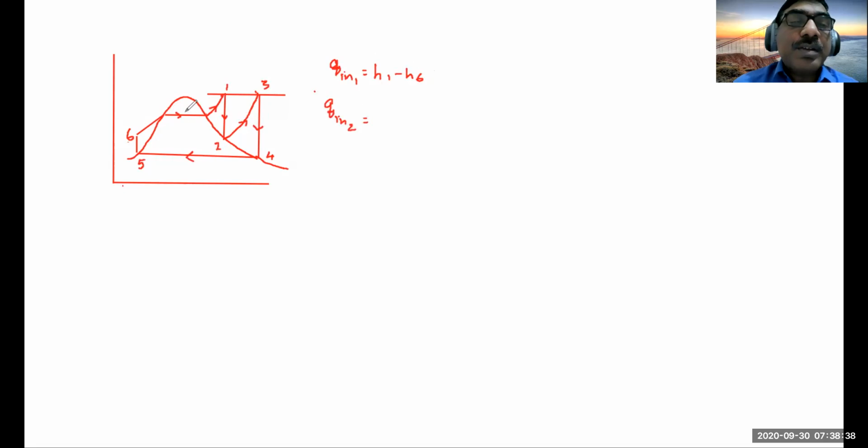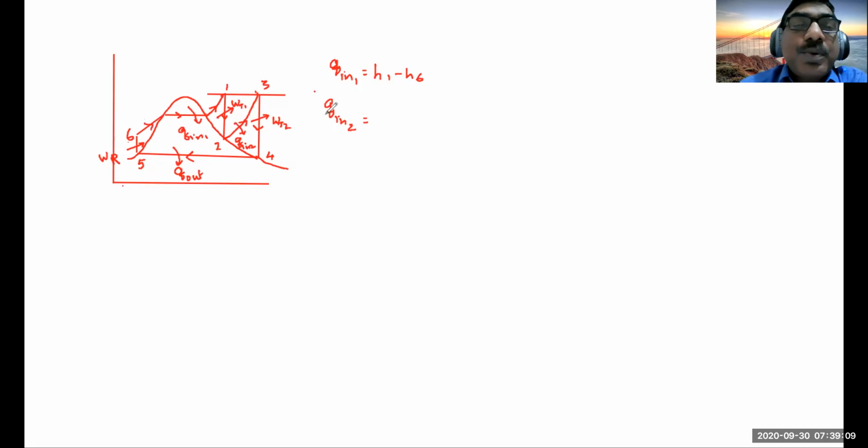This is reheating, so here also the heat is getting added. This is Q in 1 and this is Q in 2. And this is WT1 and this is WT2. Right? And this is the heat rejected Q out. And this is W pump.